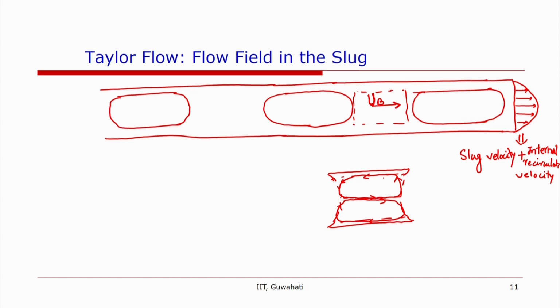So there is internal recirculation, and that can be seen in the bubble frame of reference. And along this there is also a small film surrounding the slugs. So this film may or may not be of the same thickness as the film surrounding the bubbles.